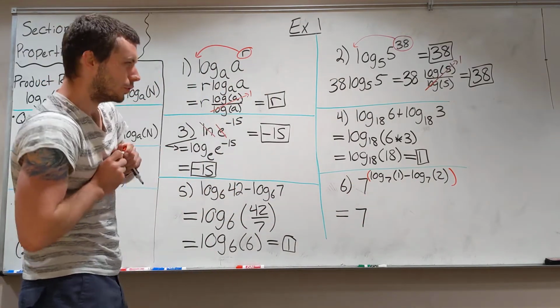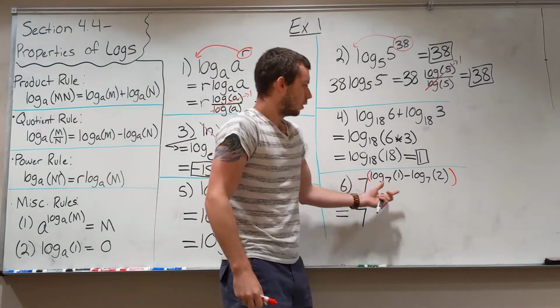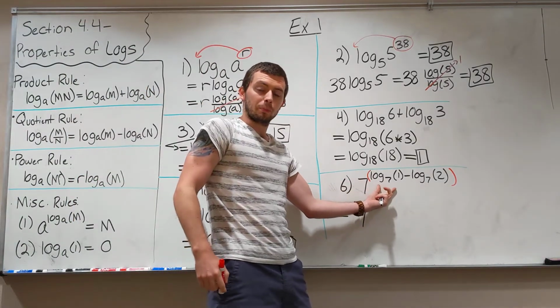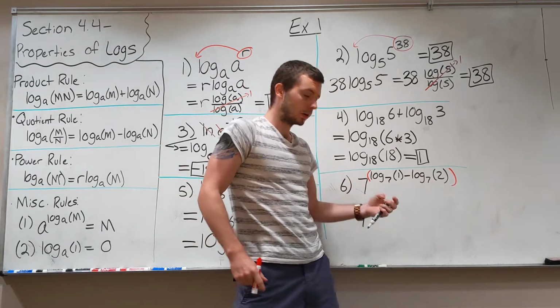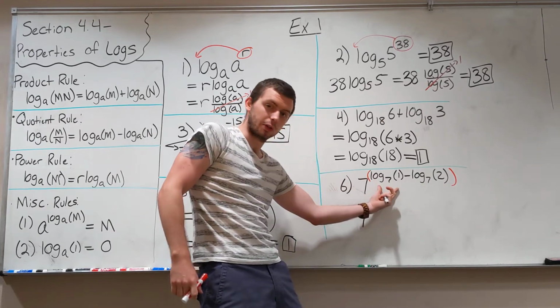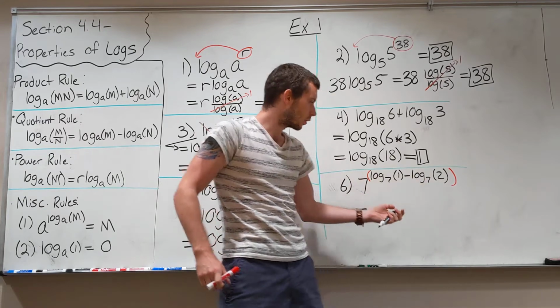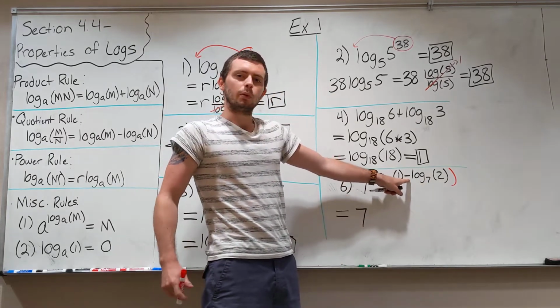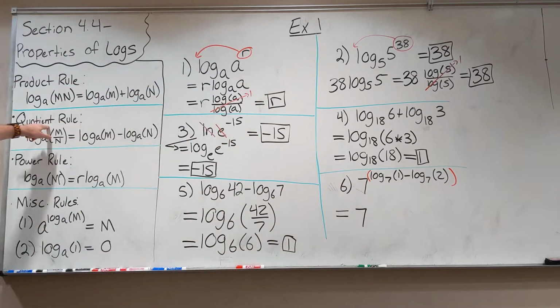So you can do this in one of 2 ways. Well, if you were to try and evaluate log base 7 of 1 and log base 7 of 2, you would end up noticing that one of them you get 0, and the other one you get a really messy number. Let's go ahead and utilize the subtraction here, which resorts to the quotient rule.